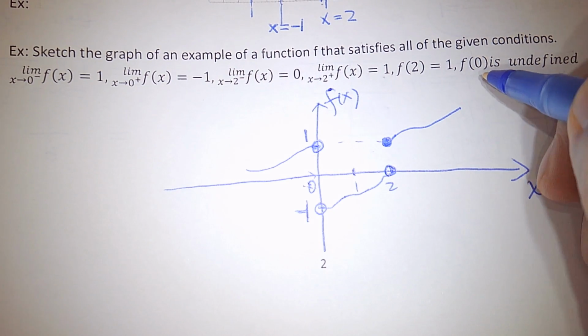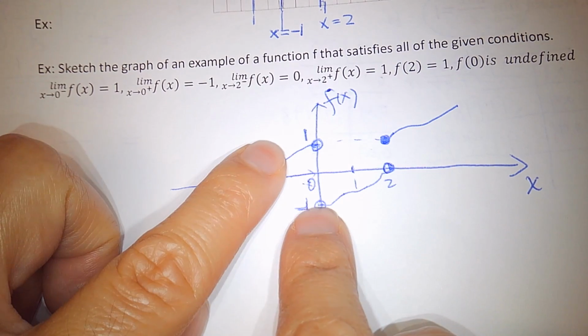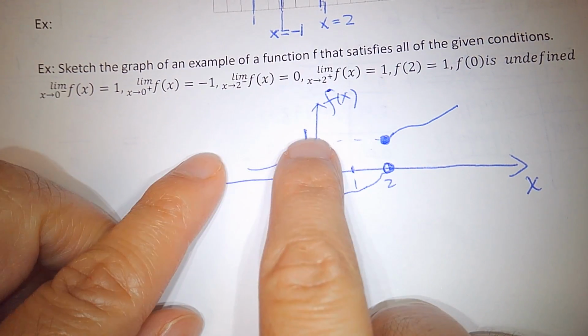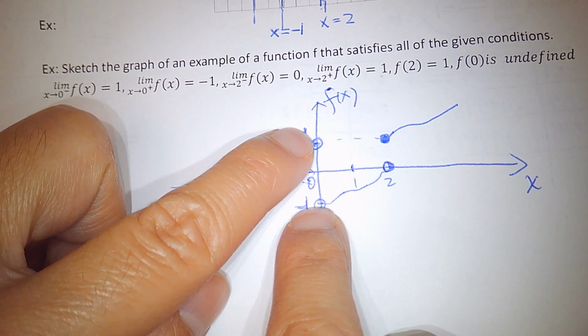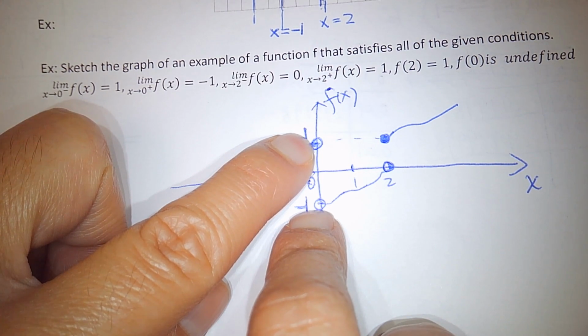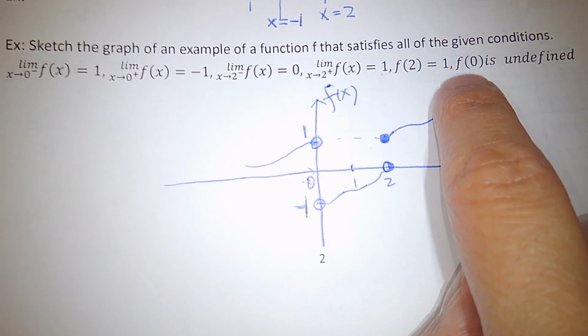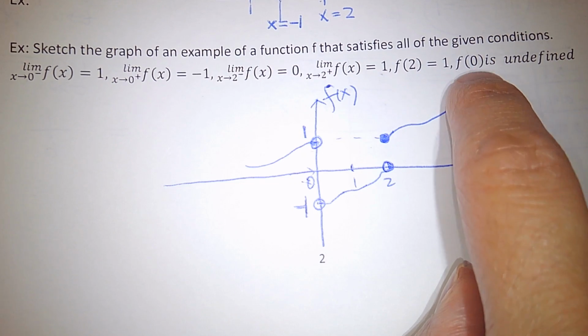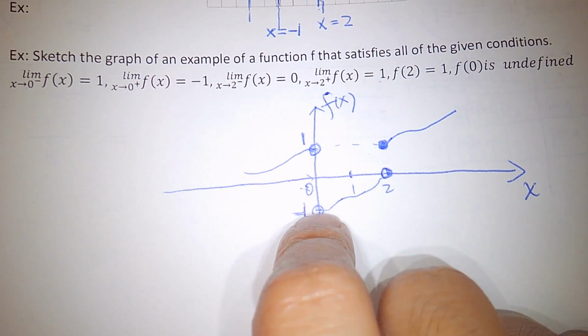And then it says f of 0 is undefined. The circles remain open. So because f of 0 is undefined, we leave both of these two endpoints open circles. F of 0 is undefined means there's no y value for f of 0, right?